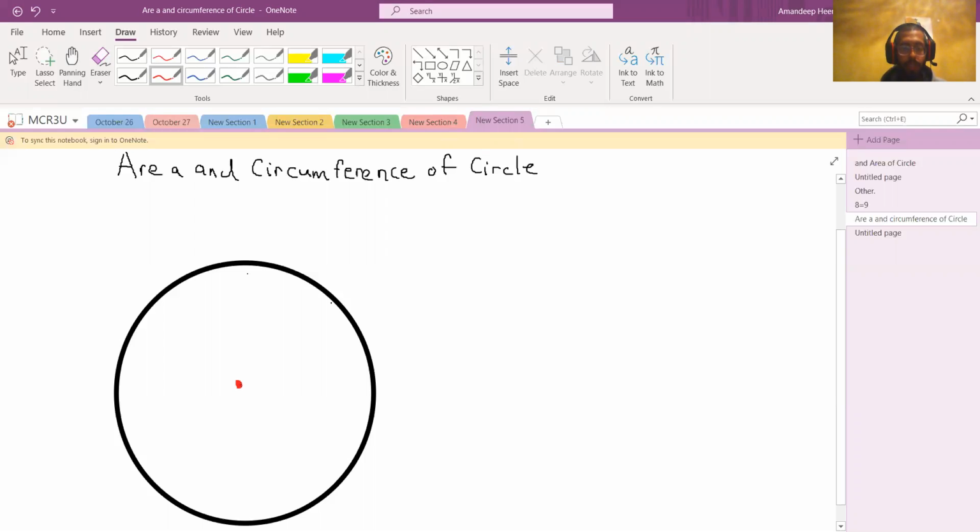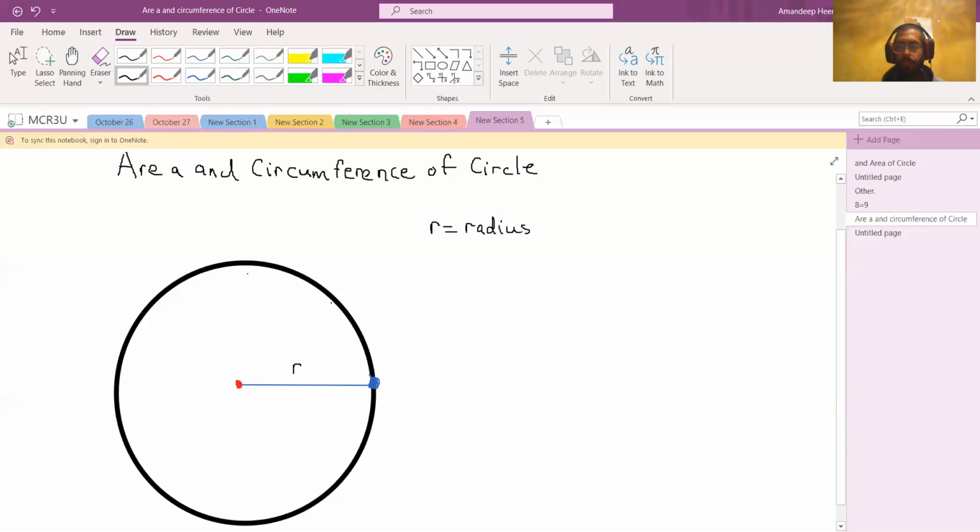The distance from the red dot to the edge of the circle is called the radius, and we denote the radius by little r.